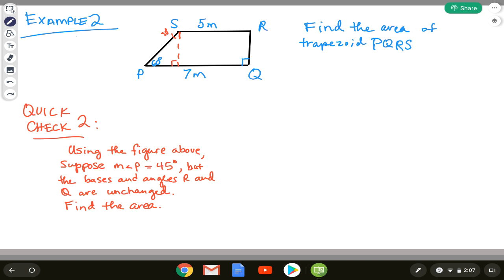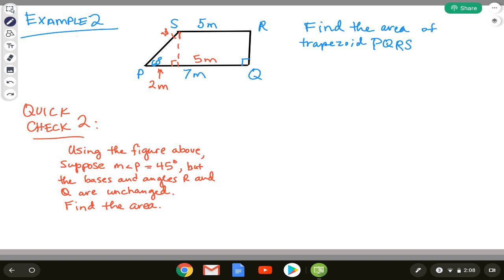Okay, so I have the top base is 5. When I draw the height down to the bottom base, it's going to cut it into 2 pieces. One will be 5, so that's like a rectangle there. That means that this part of the right triangle must be just 2 meters, the part that's left to get 7. And I need to figure out what the height is.